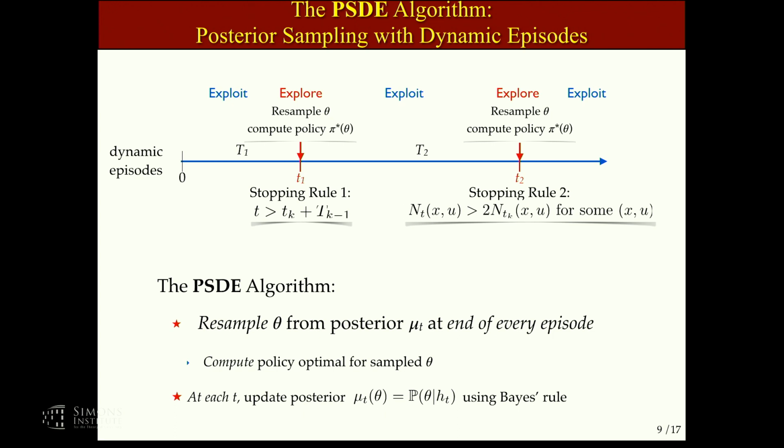At the beginning of the episode, you maintain a posterior over the unknown parameters. You sample from those parameters, and then you pretend that those are the true parameters. You compute a policy, and then you use that policy for the rest of the episode. So at the beginning of the episode, you explore, then you exploit, and then you resample, compute a policy again, then you exploit again, et cetera.